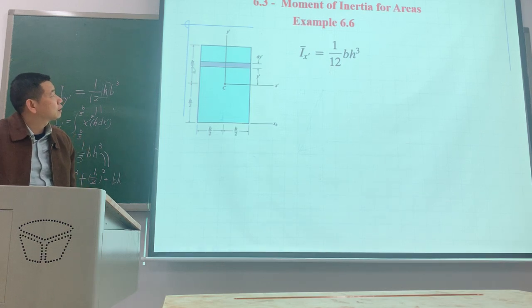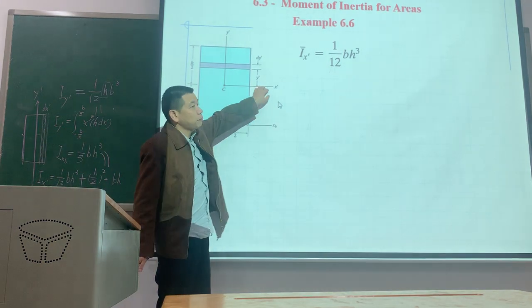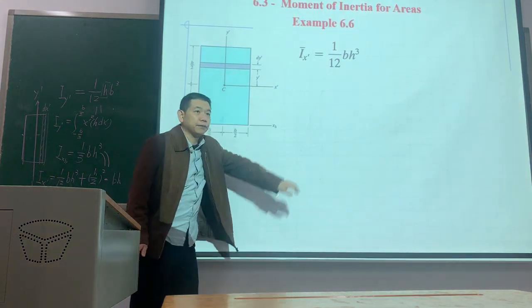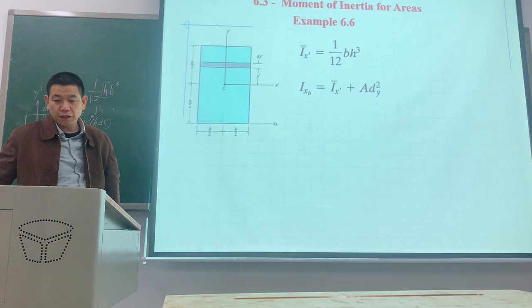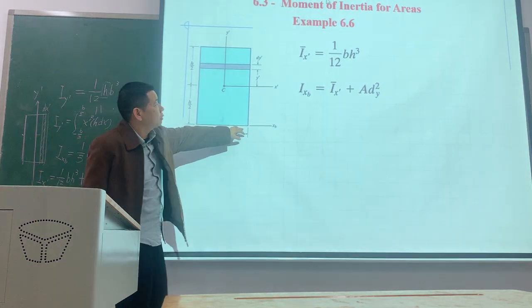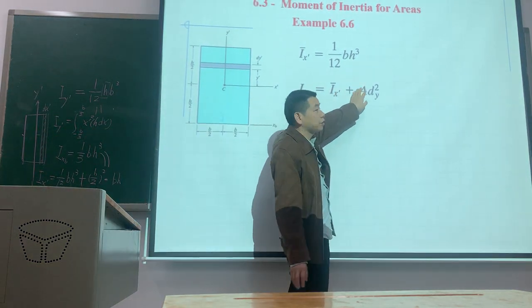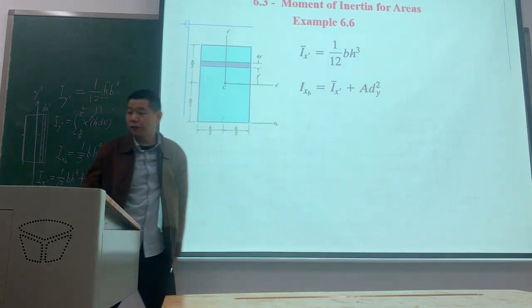For this rectangle, we know Ix prime, and Ix is Ix prime plus A dy squared.